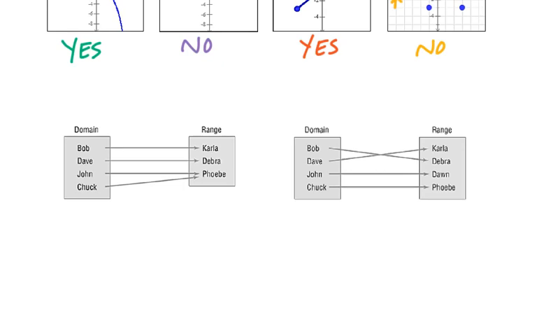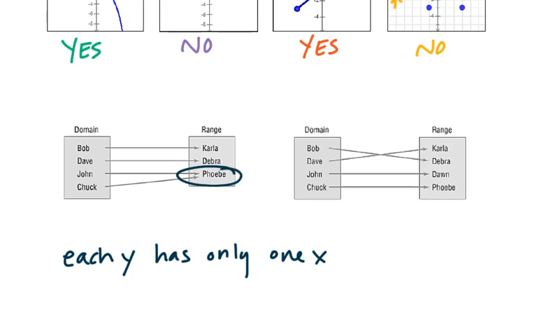So here we have two conceptual pictures, and we want to determine if each of these are one-to-one. In order for us to do that, you need to remember that each y has only one corresponding x, only one x. So this y value corresponds back to two x's.